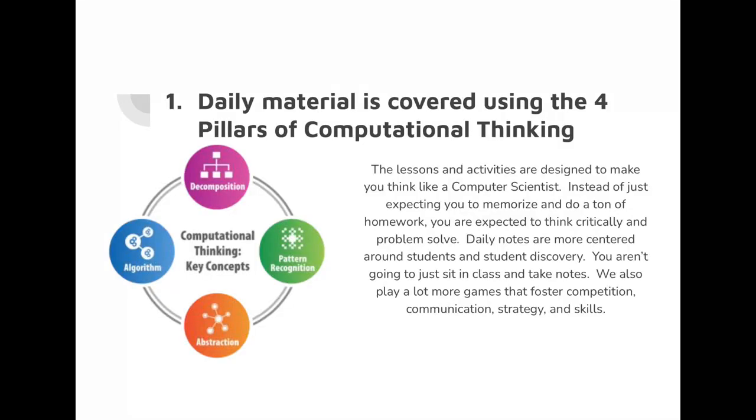So the first way is that the daily material that's covered is going to use the 4 pillars of computational thinking. So we're going to use skills in algorithm, abstraction, pattern recognition, and decomposition. This is designed to make your kids better at problem solving, which will help in daily life as well as other math classes down the road.